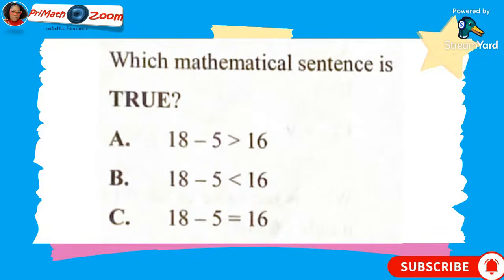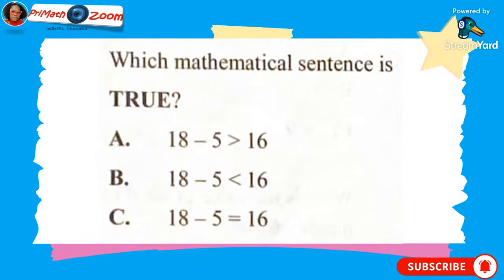Jordan says 18 minus 5 is 13, so therefore 18 minus 5 is less than 16. All right, lovely explanation as well, Jordan. Hello, William. Odette says because 18 minus 5 equals 16.